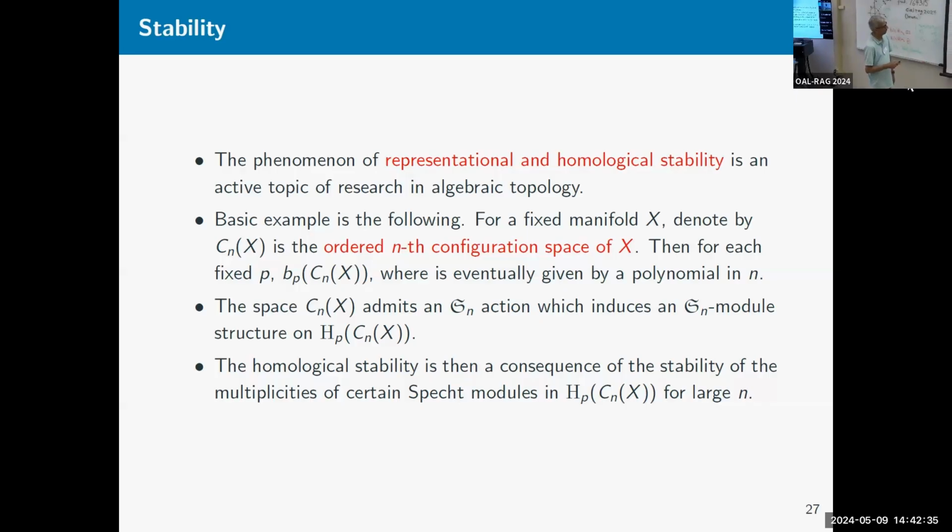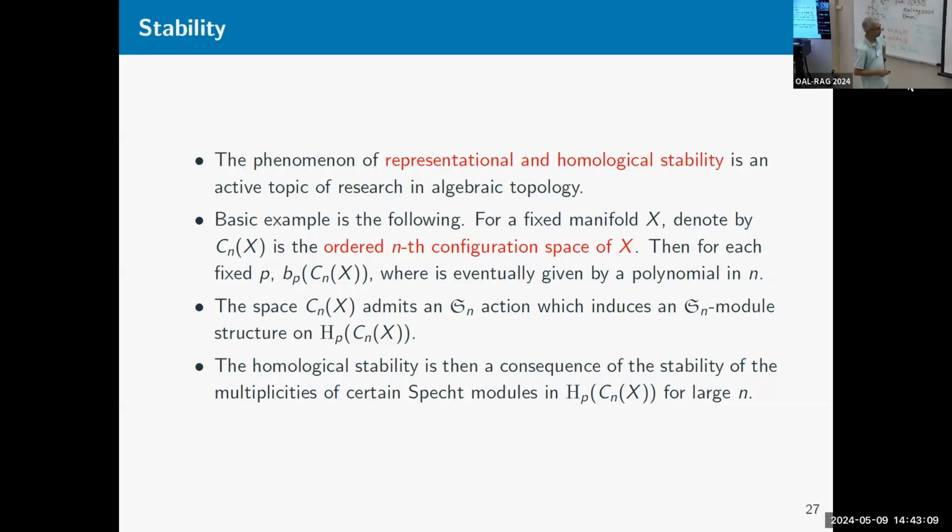The homology of this configuration space is interesting. It is known that if you take the pth homology for some fixed p, but n can grow, then the pth Betti number of the nth configuration space is eventually given by a polynomial in n. But you observe that this configuration space, sometimes called the ordered configuration space, admits an Sn action, making the homology into an Sn module.